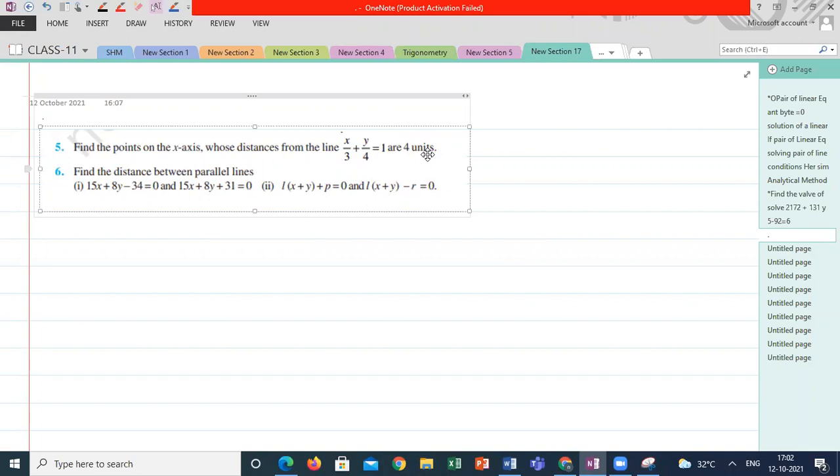Now, they missed the point. They gave the distance from the point to the line, but the point you have to calculate, and the clue is the point is on the x-axis. Please solve.